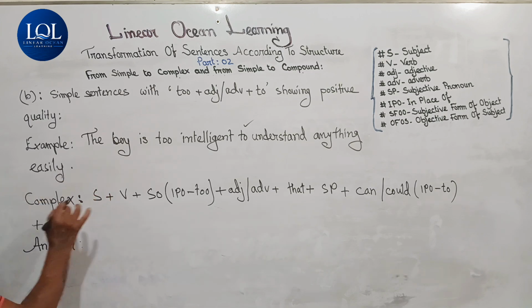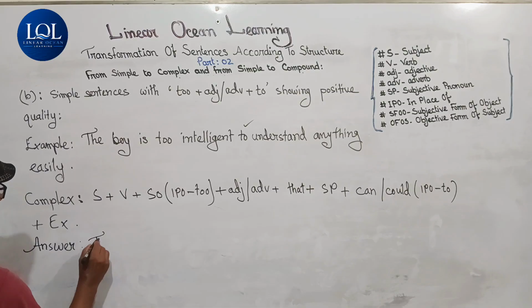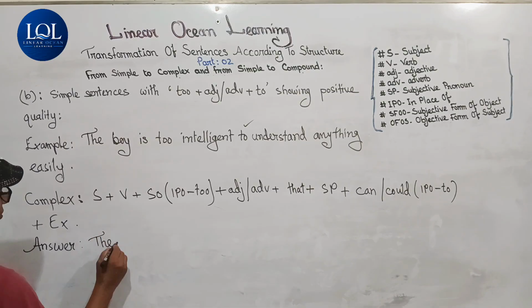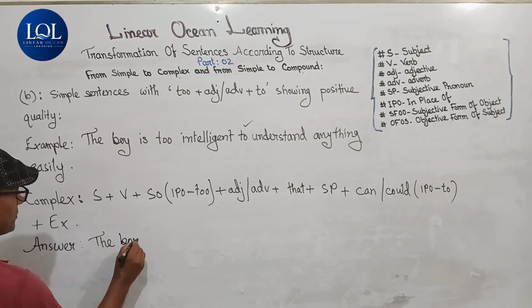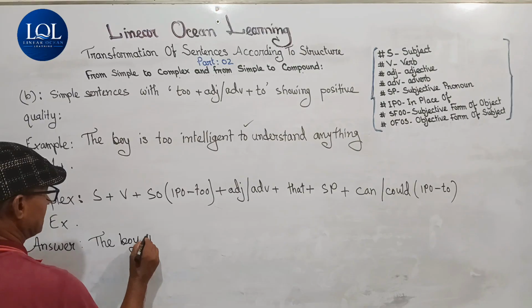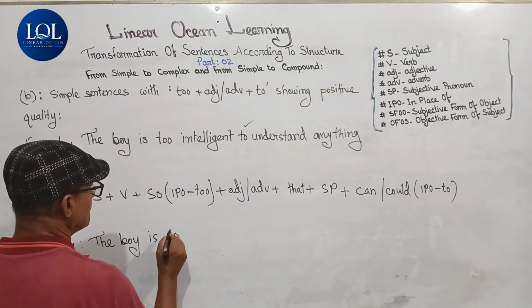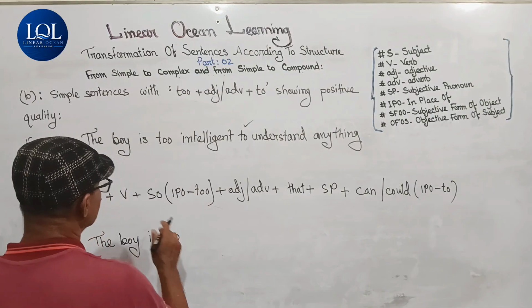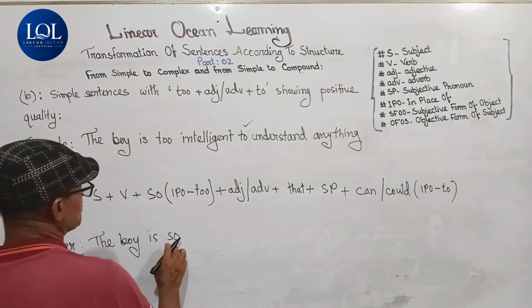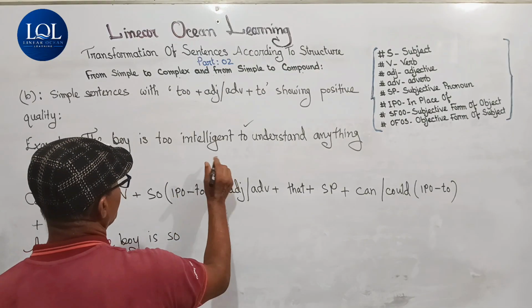So its complex will be: the boy, verb is here. In place of "to" we have to write "so", plus adjective or adverb.